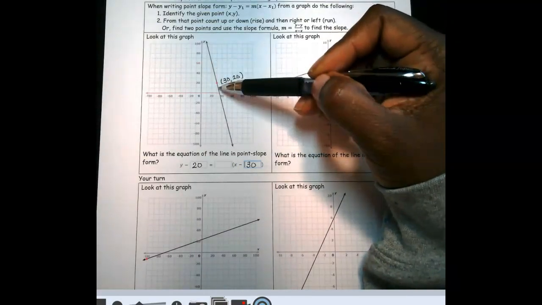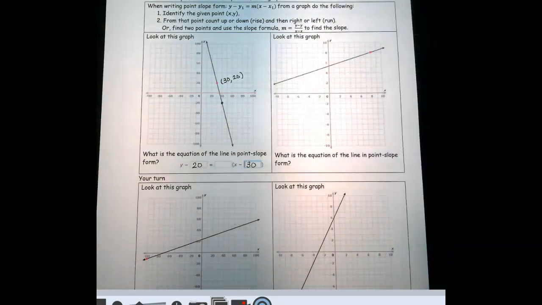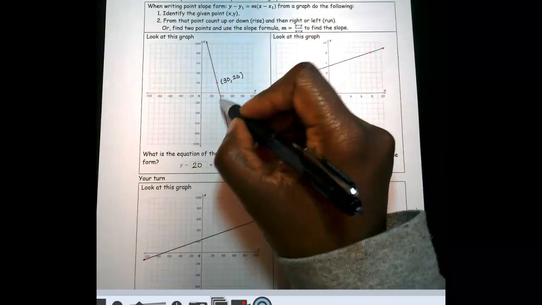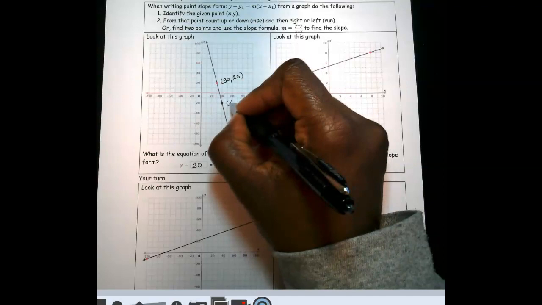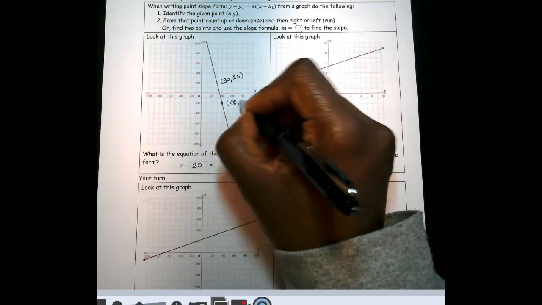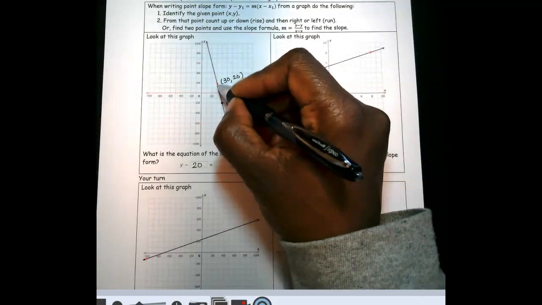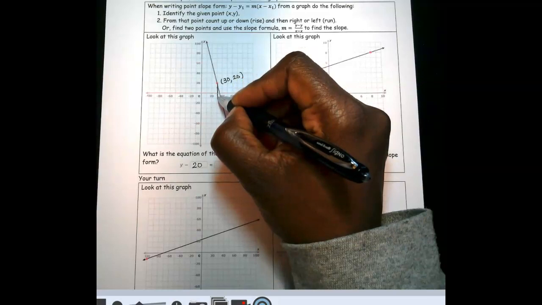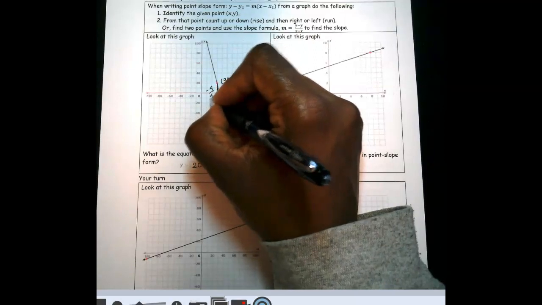Maybe that one. How about this one? I like this one. So this point is 40, negative 20 actually. So if I look at this, I'm going down 1, 2, 3, 4, and over to the right 1. So my slope, I'm thinking, is negative 4 over 1.